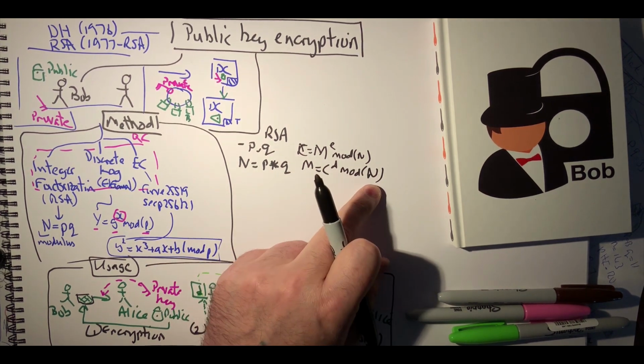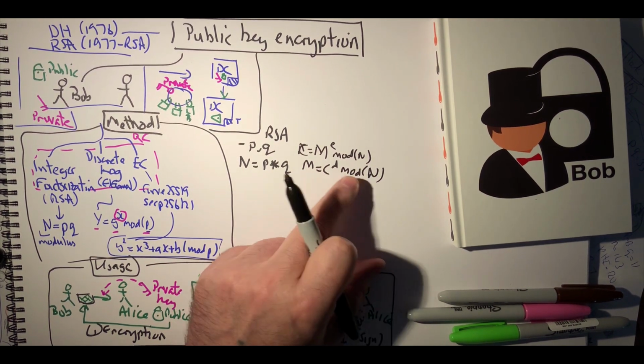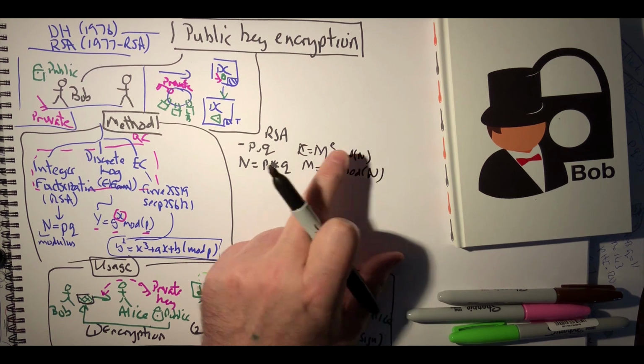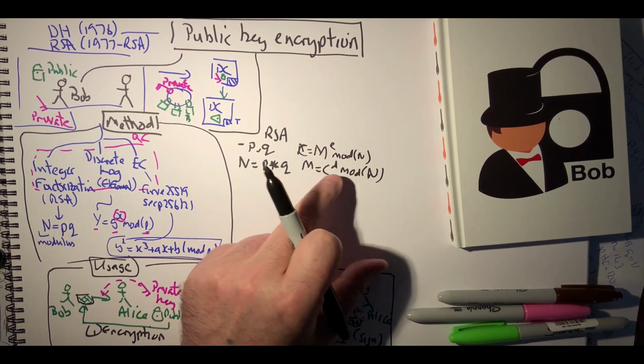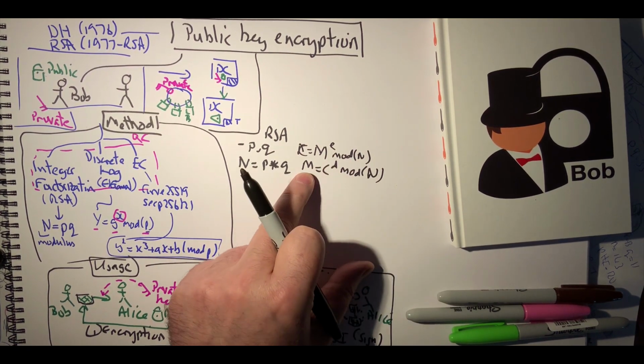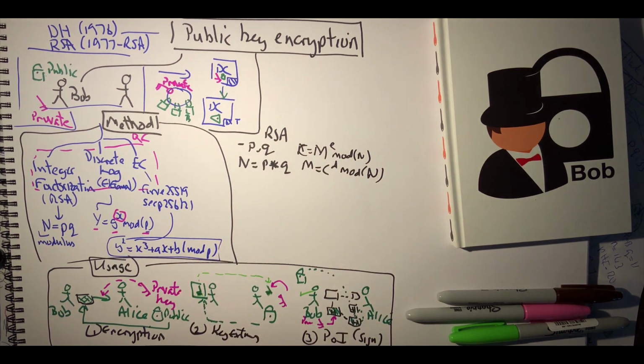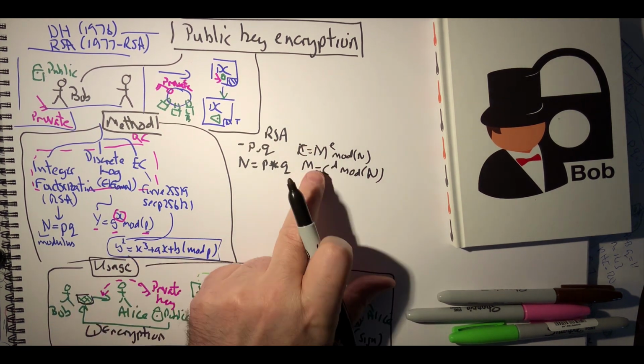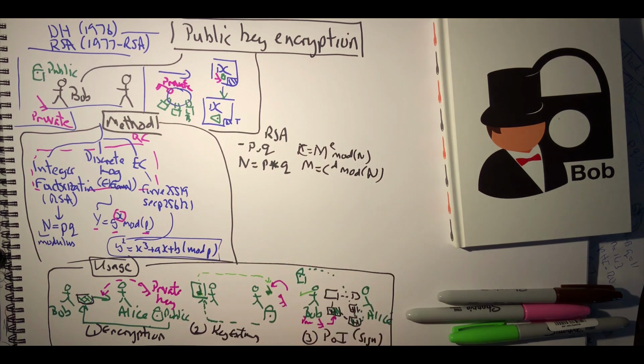Remember that mod n is the remainder of divide by n. We're not interested in the actual value, but only in the remainder. So this is the way that we would do our encryption and our decryption.